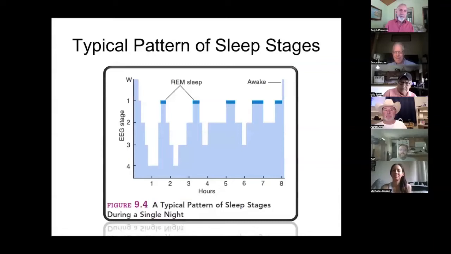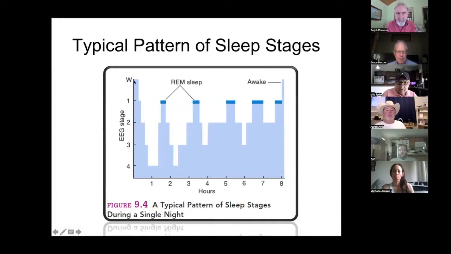An apt description. So this shows a typical night of sleep. You've got 8 hours, which you should all be getting. And if you look at the far left, the W stands for wakefulness, and then you see stages 1, 2, 3, and 4.